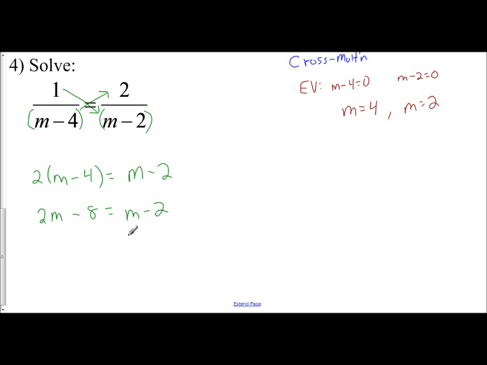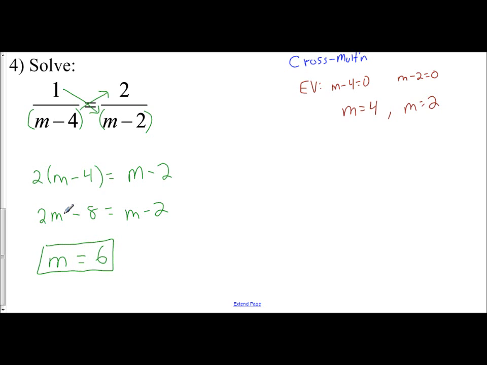Now I'm going to do the next two steps all at once. You would subtract m from both sides to get the variable on one side. So 2m minus m is m. Then what I would do is add 8 to the other side, and negative 2 plus 8 is 6. And so m equals 6, which is not one of my excluded values, so therefore this is my answer.